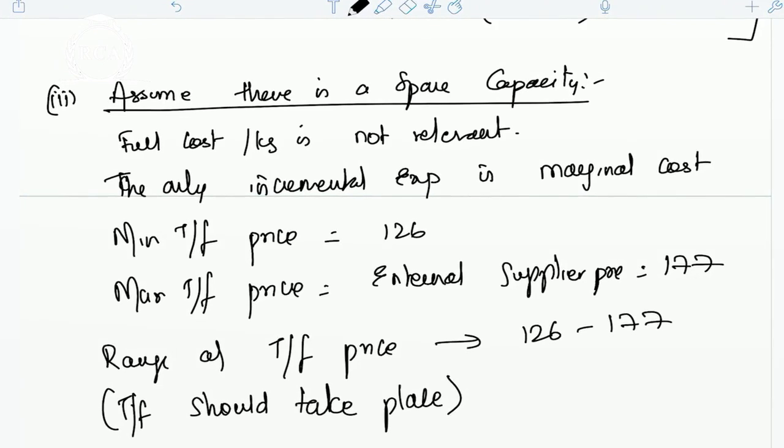Then we'll move to question number 12. I hope you're all clear about this.